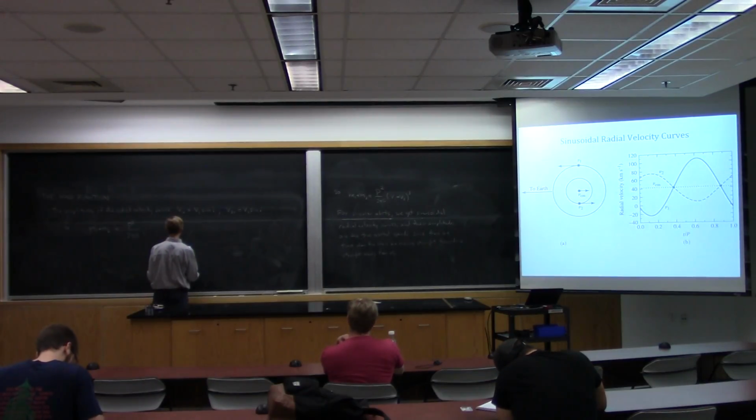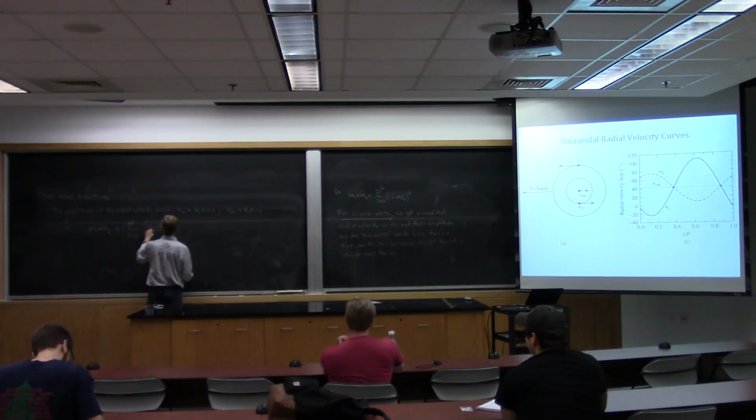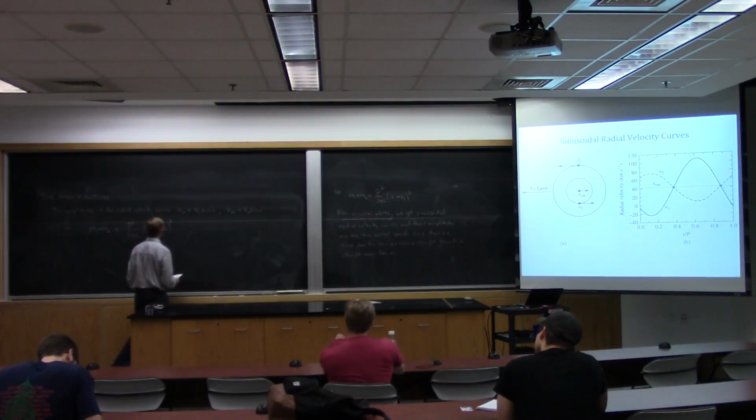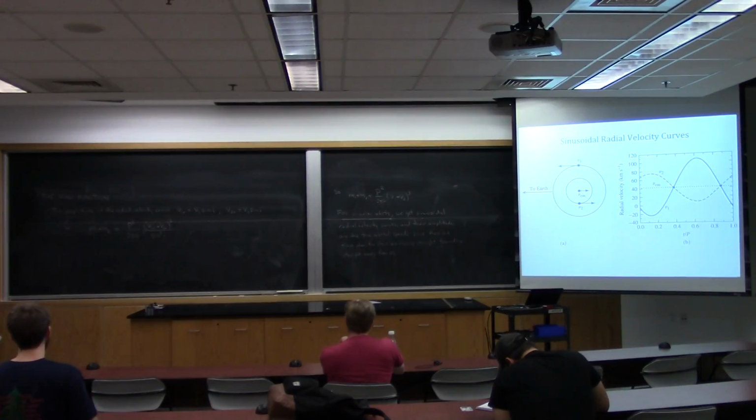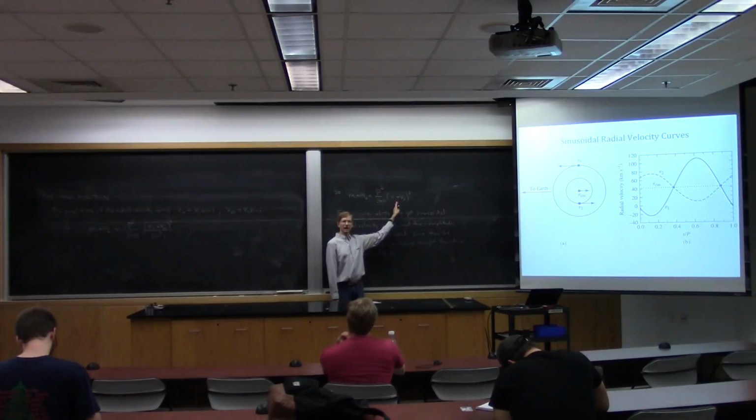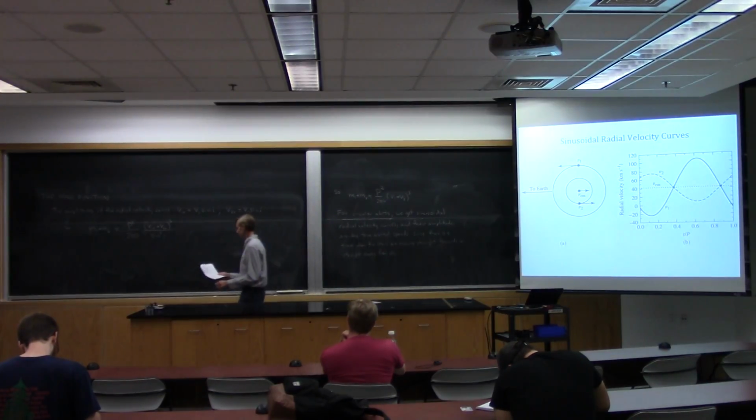It'll be v1r plus v2r cubed divided by sine cubed I, since V1 is V1r over sine I and V2 is V2r over sine I. So I plug in the radial velocities over sine I and cube it, so I get a sine cubed I in the denominator.